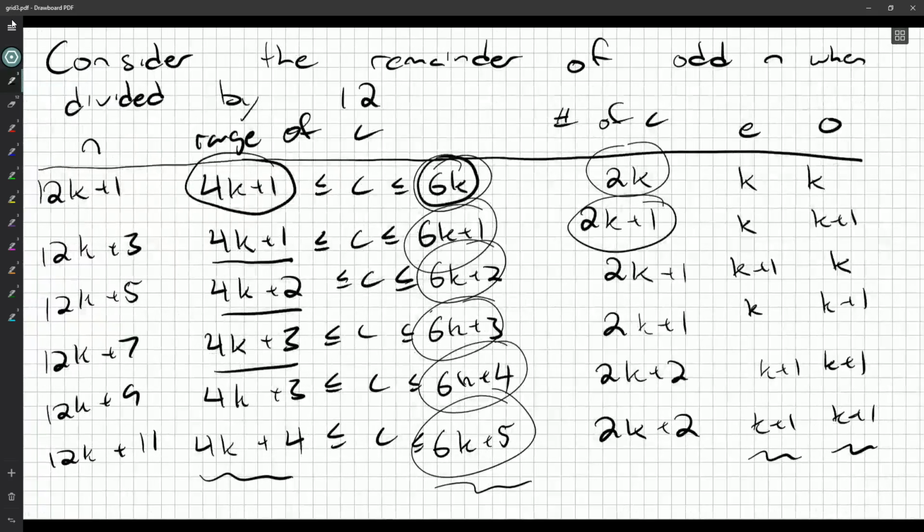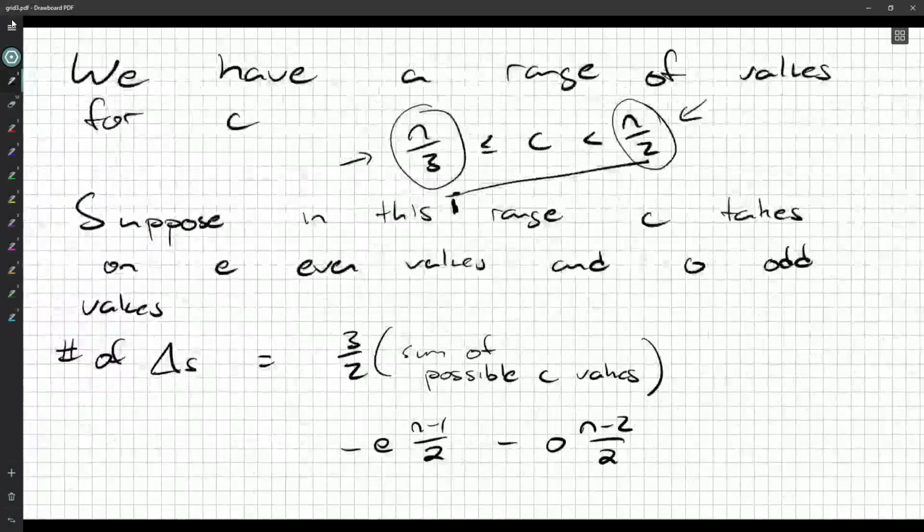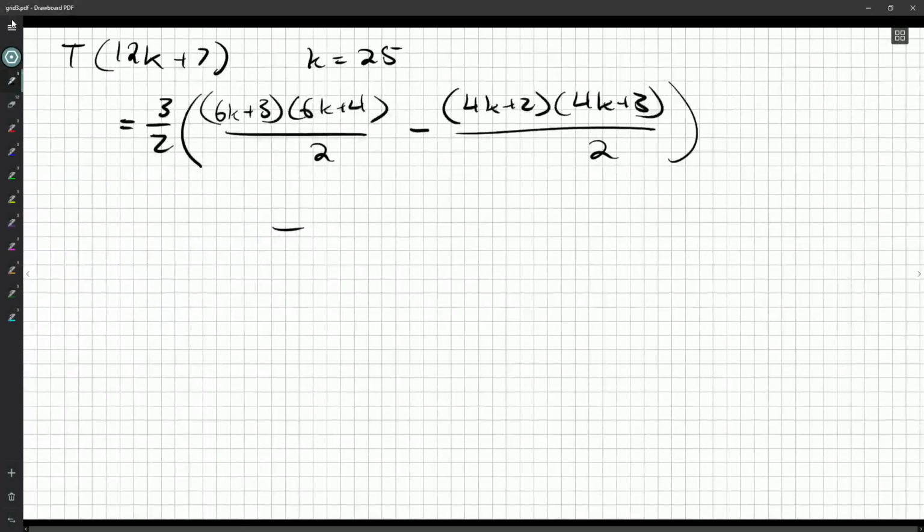2k plus 1, we'll have k evens, k plus 1 odds, and the odds go with the n minus 2 thing. So k evens, k plus 1 odds, because we started at an odd number. I looked at this number first, but no, we start at the second number there.